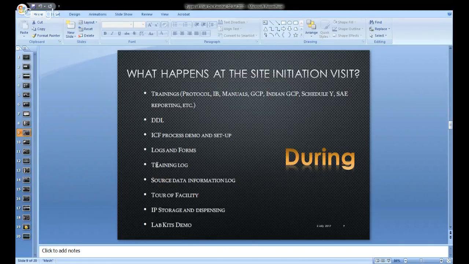Training logs. Ensure that once your SIV is over, all the team members who have attended the training are documented and the log is up to date, because in the near future, if there is any misconduct, a training log will be something like a savior.